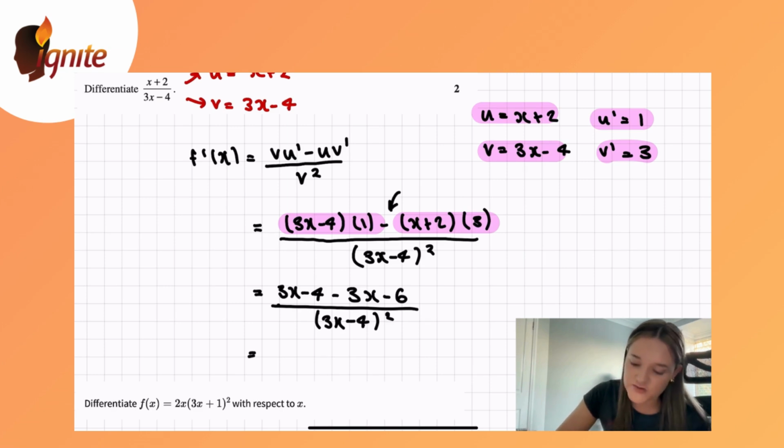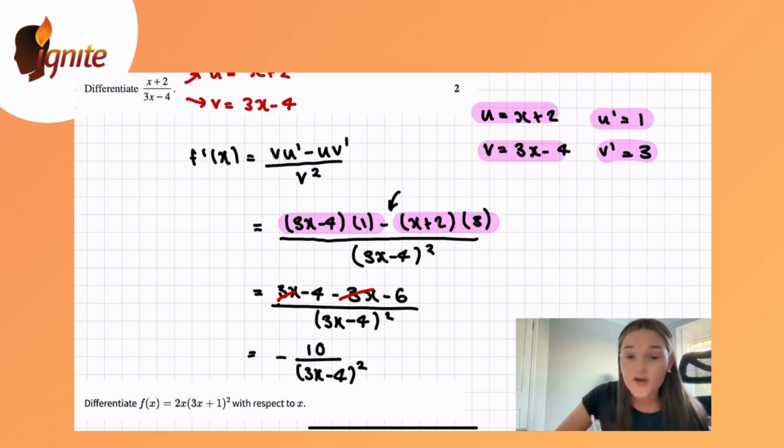Now what I can do is simplify my numerator. I can see that these two terms at the front cancel out, and therefore I'm just left with negative 4 minus 6, which gives me negative 10 over (3x minus 4) all squared. So you can leave your fraction like that. You don't have to simplify the denominator by expanding it out.